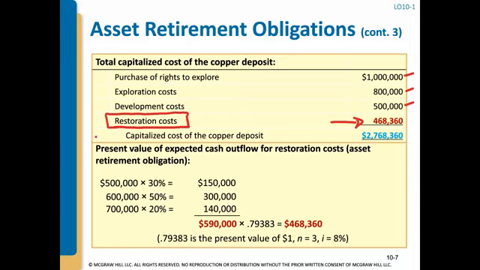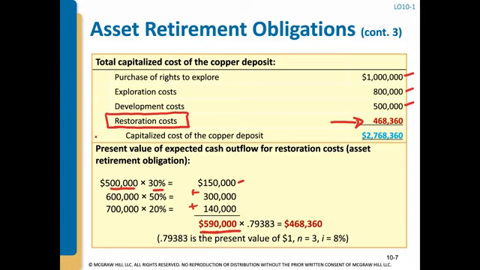What happens is you take each amount that the company thinks they're probably going to incur times the probability percent, and you multiply it. So 500,000 times 30% plus $600,000 at 50% plus 700,000 at 20% gives us $590,000.